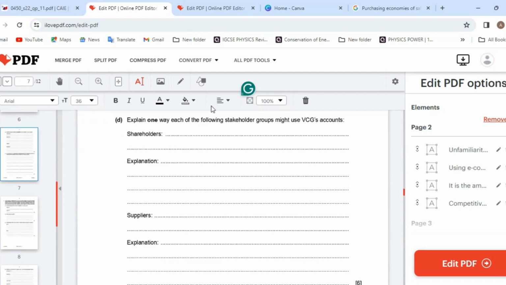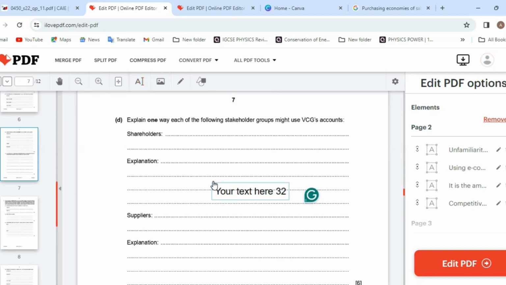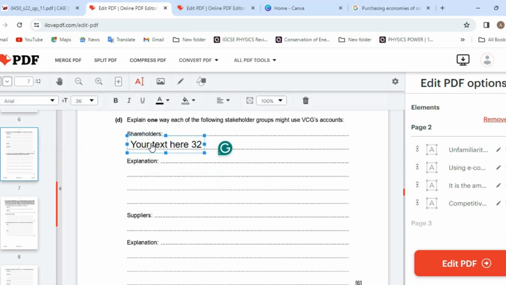We have our shareholders and we have the suppliers. Why do you think the shareholders are interested in the business information? Of course, it helps them to assess the business performance or the profit so that they can ensure whether they will receive a dividend or returns on their investment.